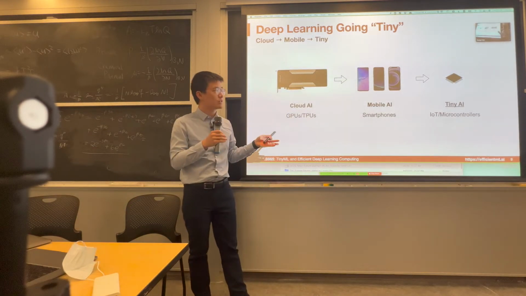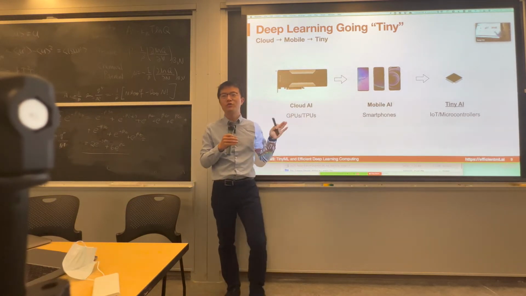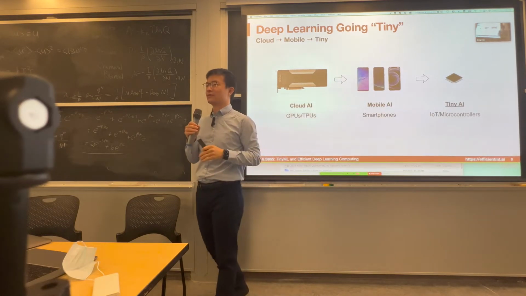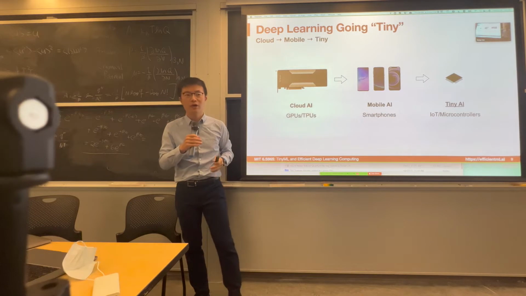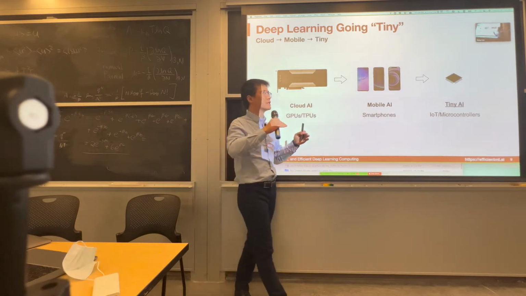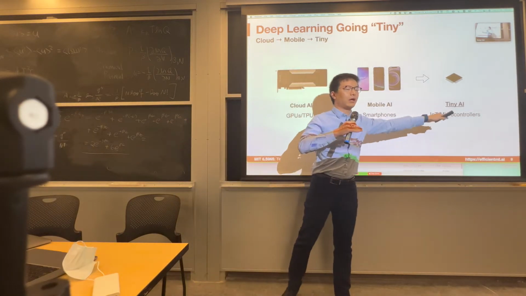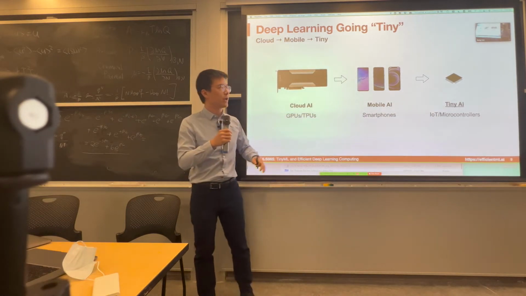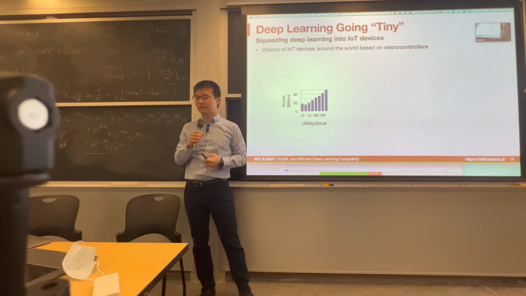These IoT devices are highly accessible, super cheap, like $1 to $2, and almost everywhere in our lives. Okay, we can democratize AI to a much broader audience, to a broader outreach, right? By enabling AI on these small devices.